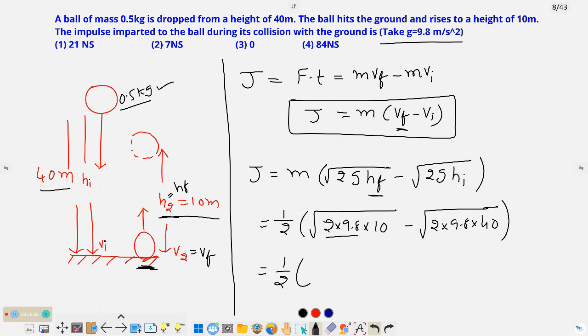If you cancel the point, this is under root of 196, you will get this value, minus under root of 196 into 4, you are going to get this value.